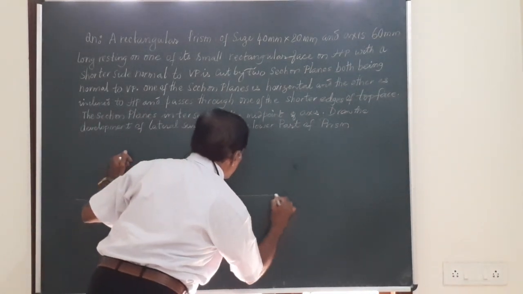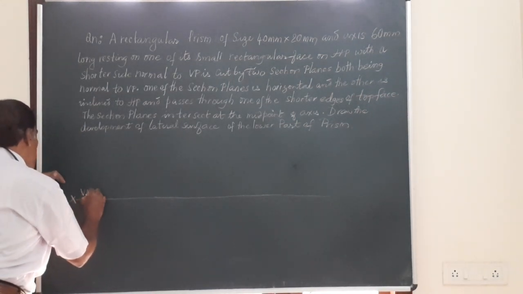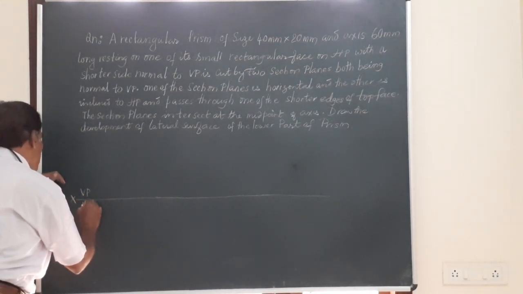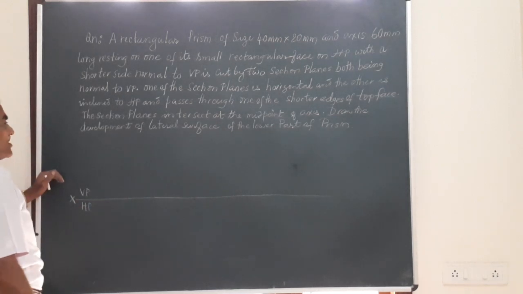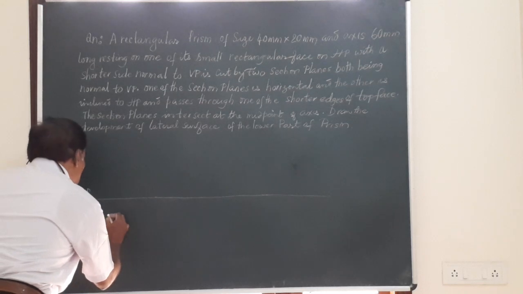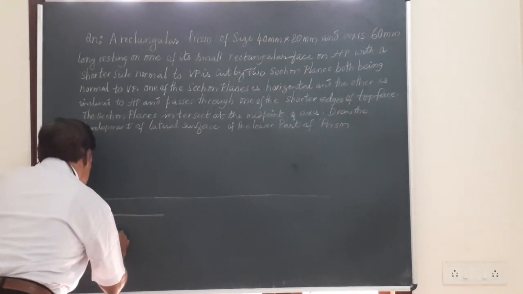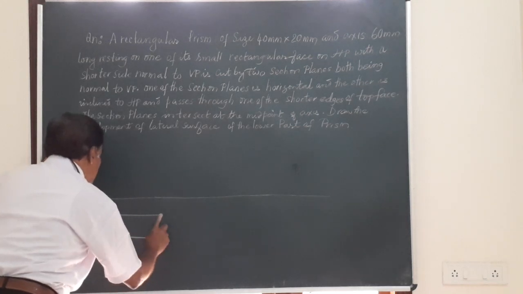So let me write down, to start with, the front and top views of this given solid, that is the rectangular prism. I am going to draw the XY line, also indicate HP and VP to show the first angle projection, and here I am going to mark the top view of this prism, which is a rectangle having dimension 40 by 20.